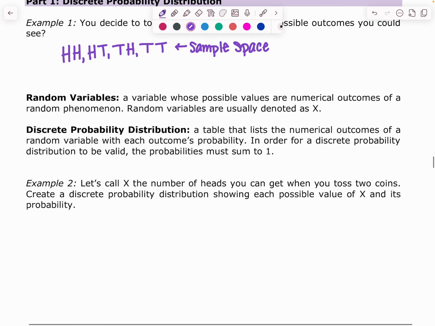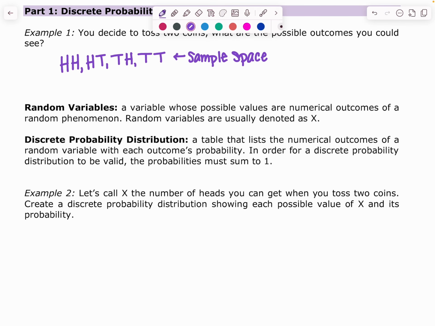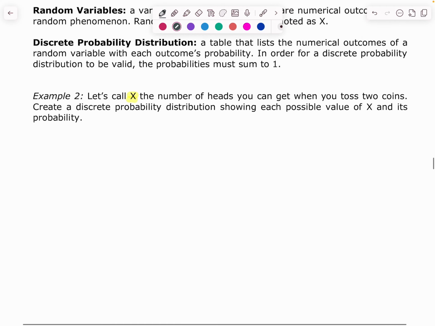So let's expand on this first example and apply it to this new random variable discrete probability distribution idea. Let's call X, which is the random variable, the number of heads that you can get when you toss 2 coins. Create a discrete probability distribution showing each possible value of X and its probability. So we're going to set up a table.